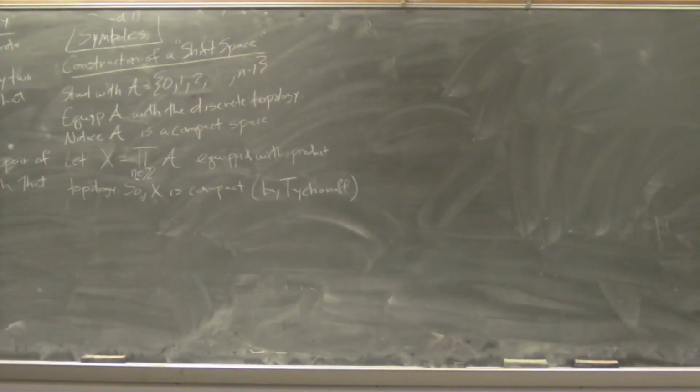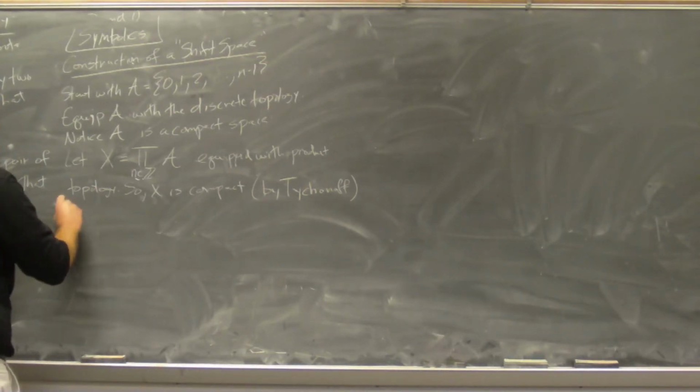And with the product there, really X is just a sequence space. That's all it is. The elements in X are this infinite tuple in both directions, so elements in X just look like sequences.